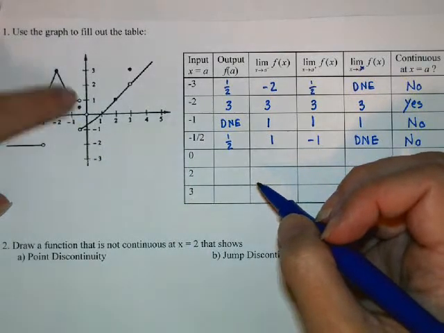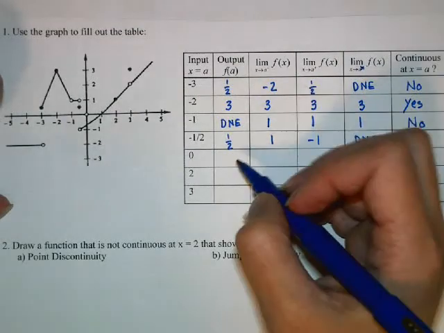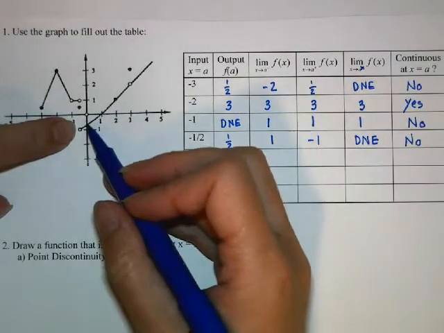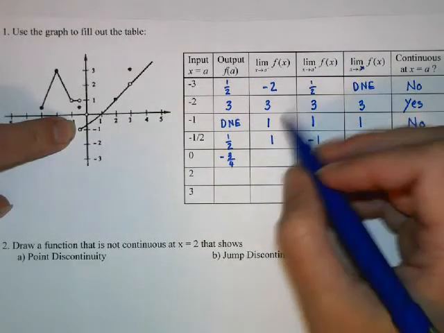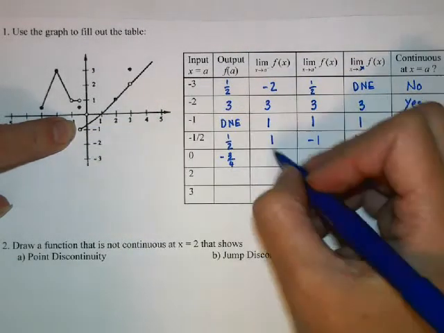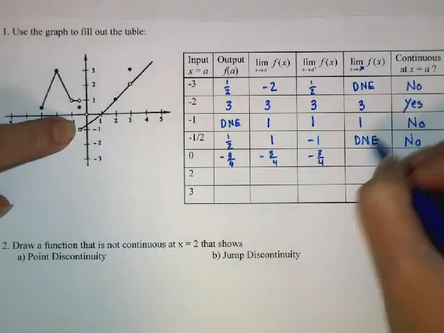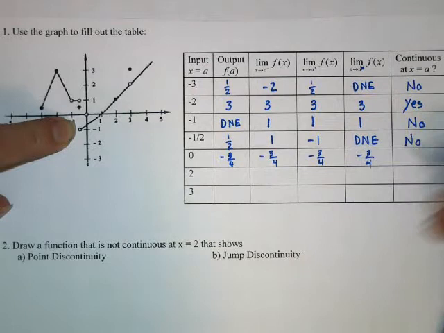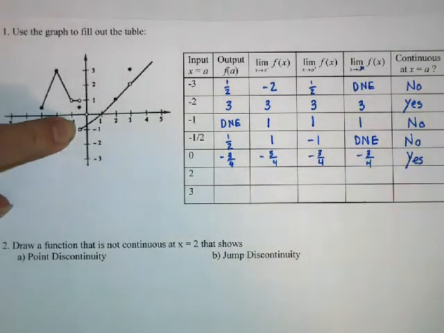At 0, and this is a little bit tough to see, this is not a hole, that's just the origin on the graph. So at 0, the function value is maybe -3/4 or so. The limit from the left and the right are both -3/4, which means the limit exists and is -3/4, which means it is continuous.